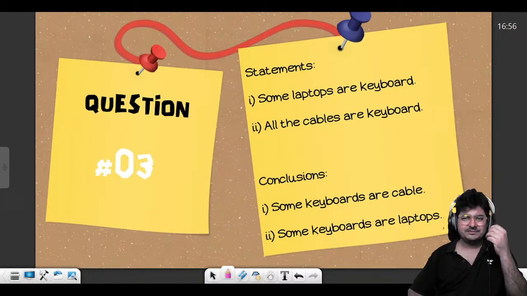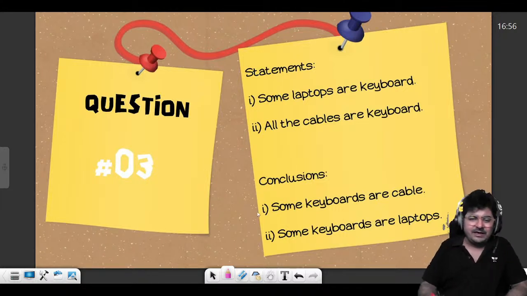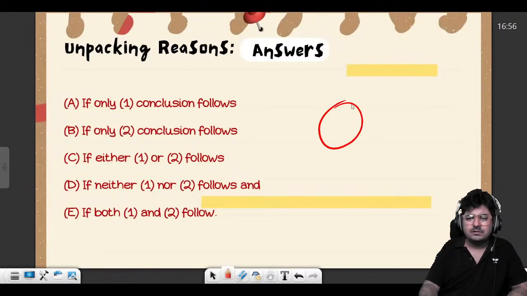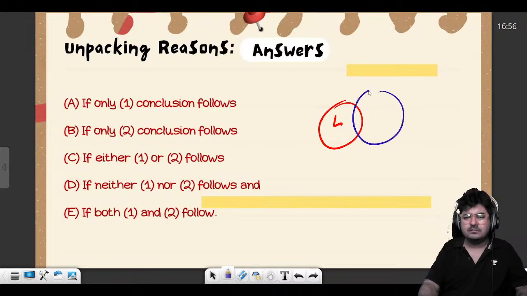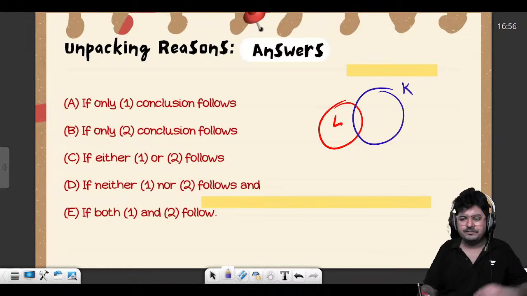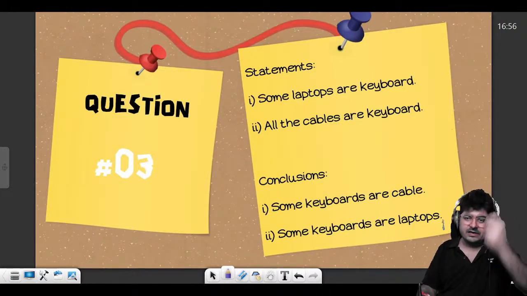Let's see. They said some laptops are keyboards, and all the cables are keyboards.